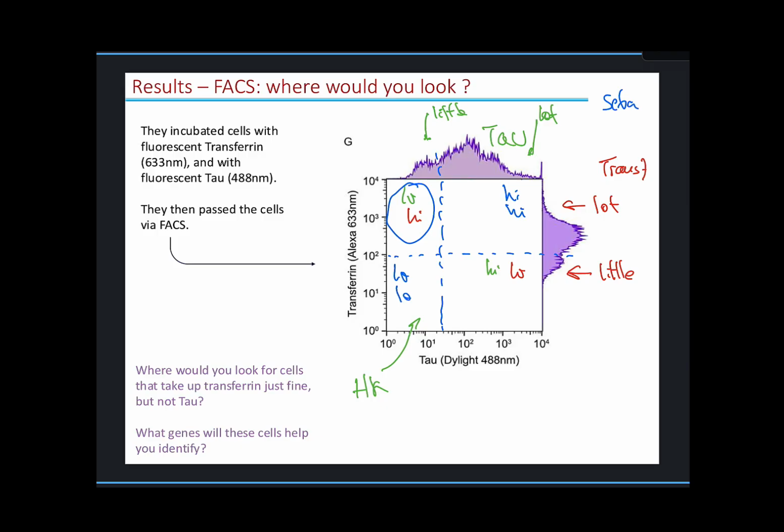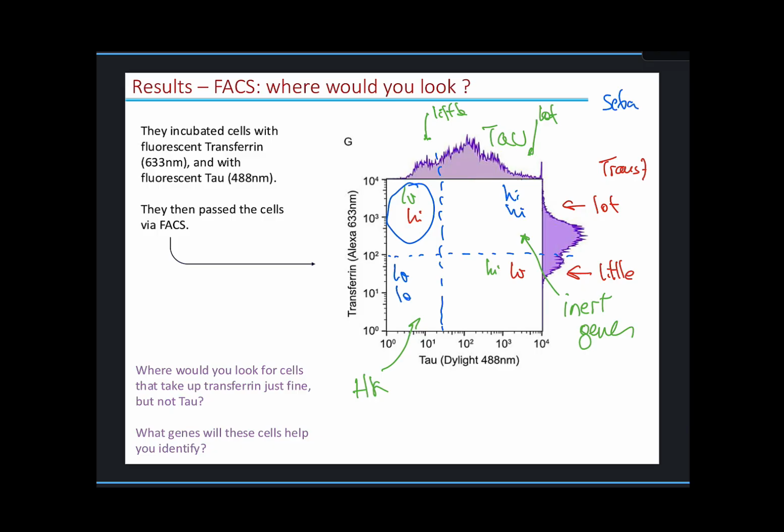And so these cells are most likely uptaking everything because they're healthy. They can do endocytosis of both kinds, right? So in the context of endocytosis, we would call those inert genes. Genes that don't do anything.